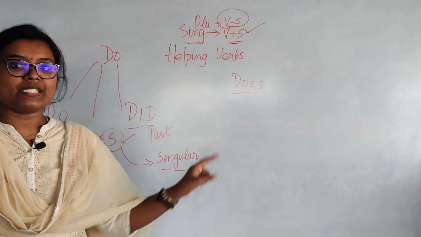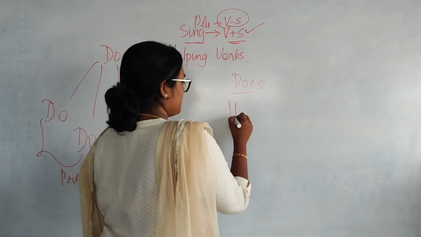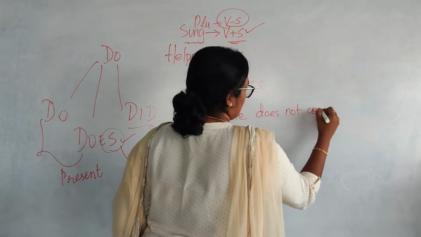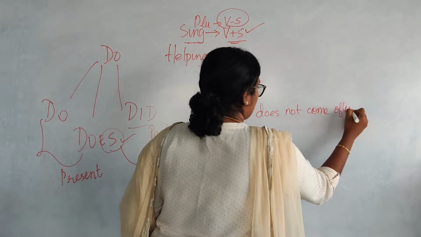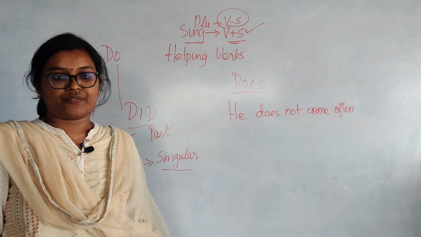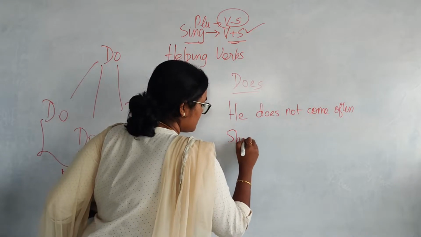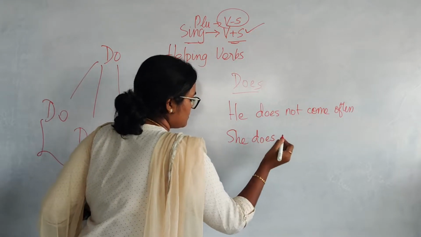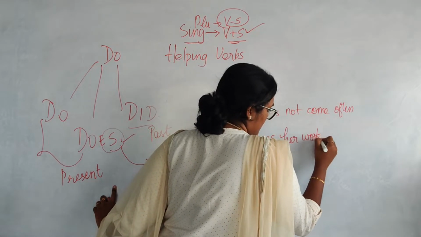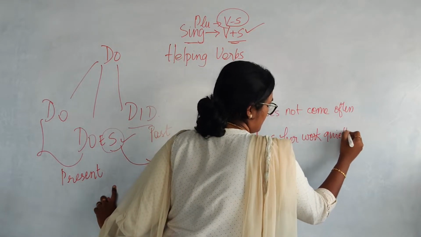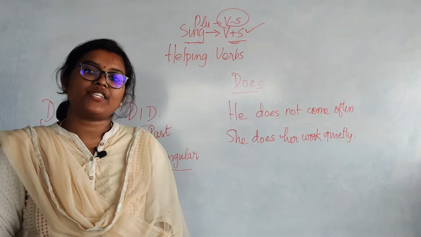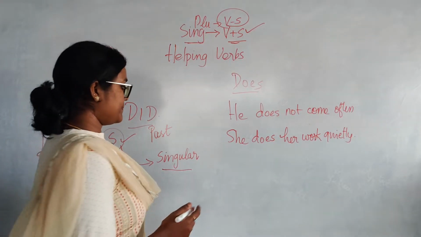Let's look at some examples for does. He does not come often. She does her work quietly, meaning she's very quiet when she does her work.